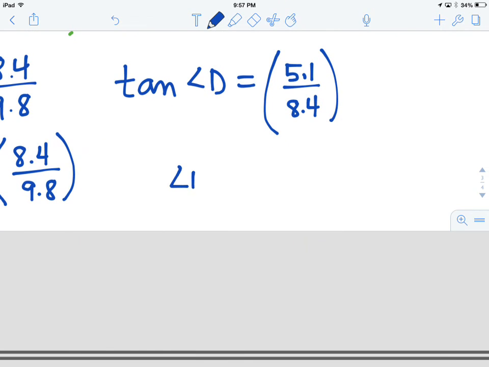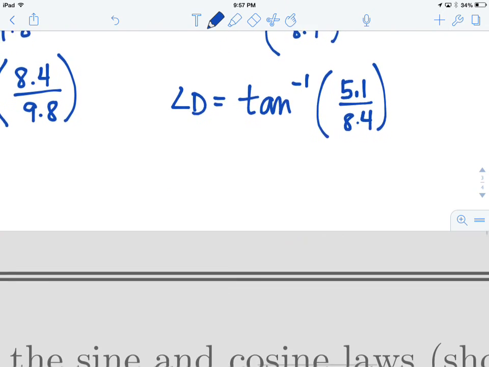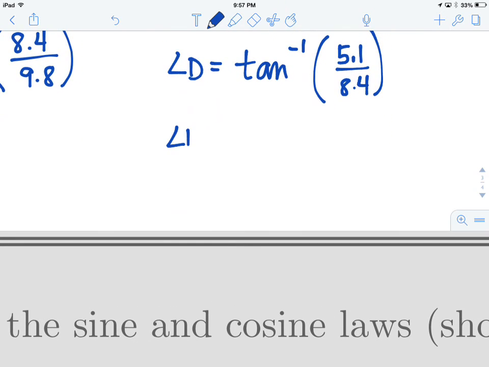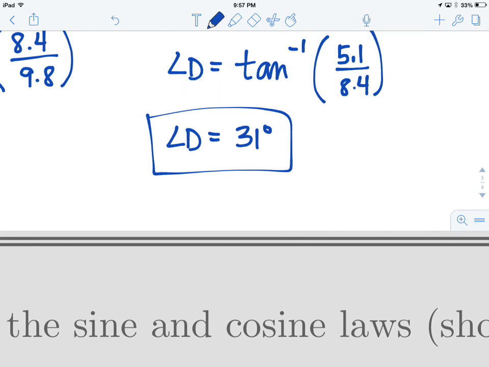Which means that my angle D is equal to the inverse tan of 5.1 over 8.4. And when I pop this into my calculator, I get that angle D is equal to 31 degrees, rounded to the correct number of significant figures.